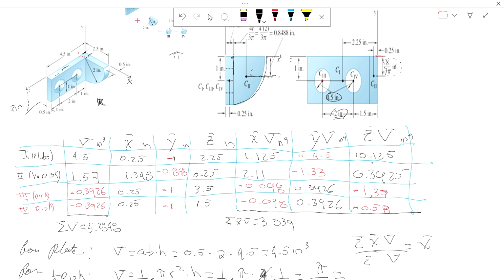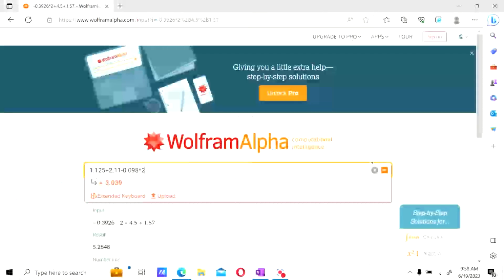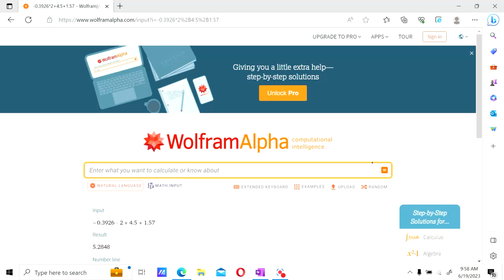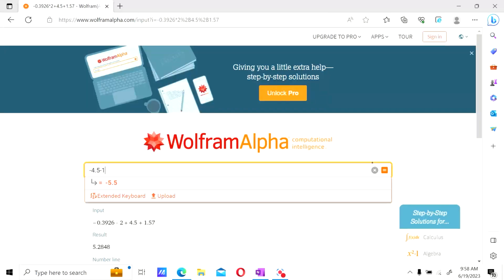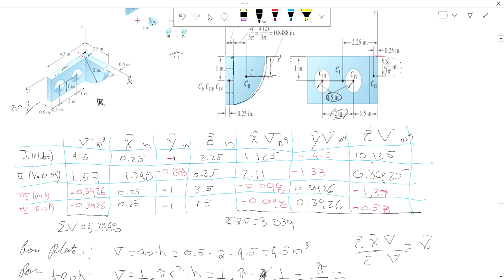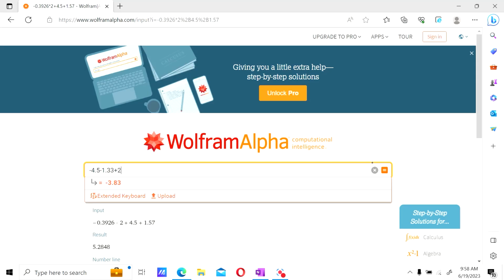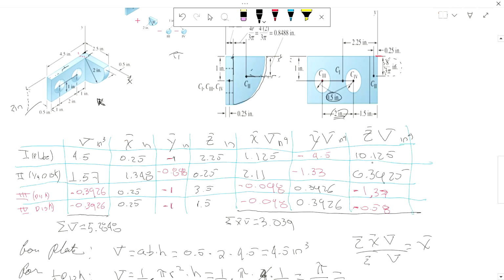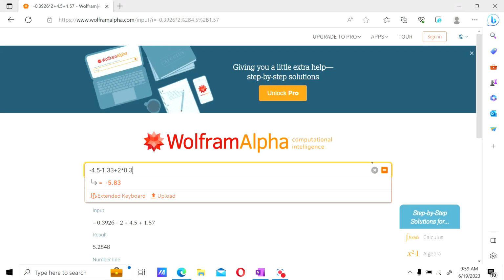And this one is negative 4.5 minus 1.23 plus 2 times 0.3926, which is negative 5.04.